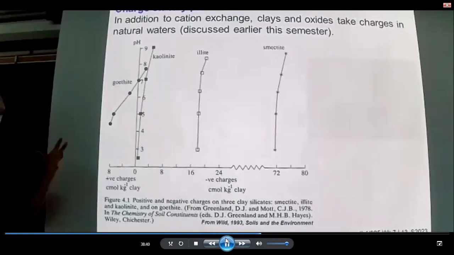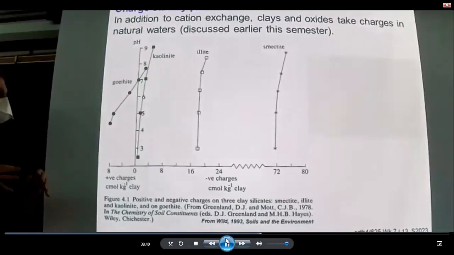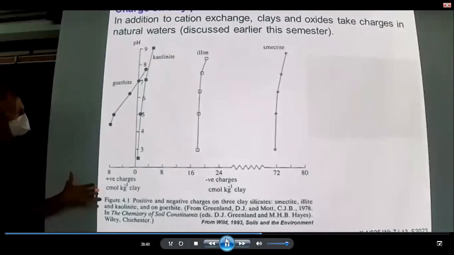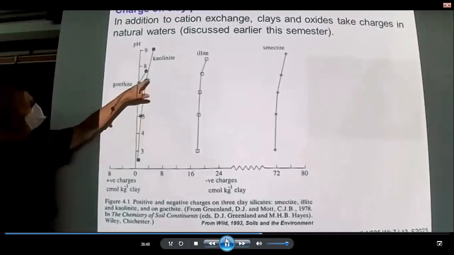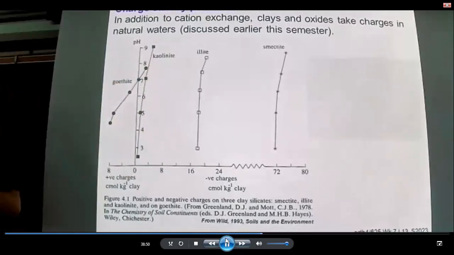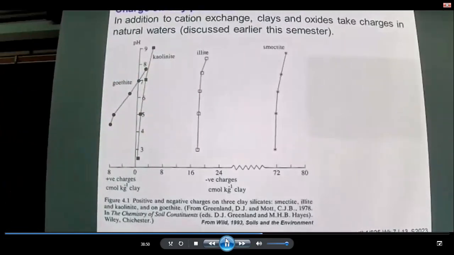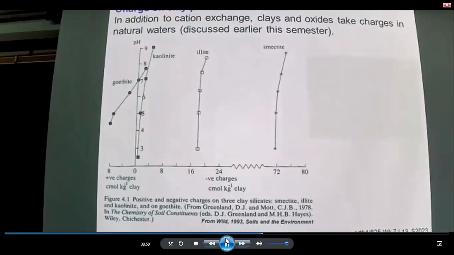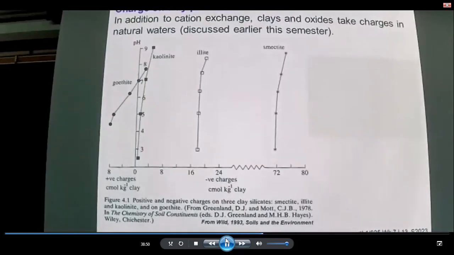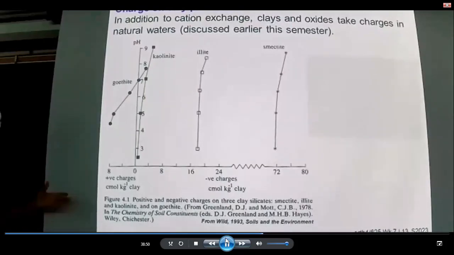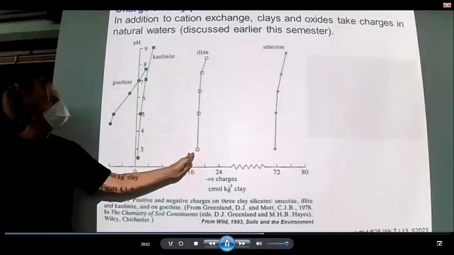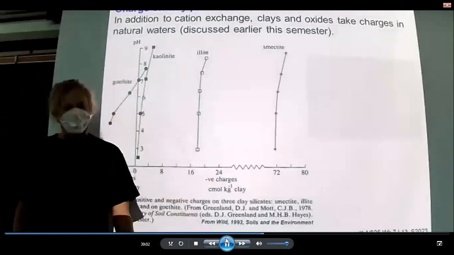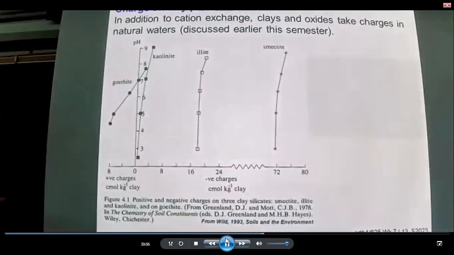Interestingly enough, as we raise the pH, we start to pull some of the hydrogen ions off the hydroxyls in the kaolinite structure and give it a little bit more negative charge, but it doesn't vary by very much as a function of pH. You can look at illite and smectite, and they show basically the same thing. pH doesn't really change the charge very much. The minerals themselves come with more charge because of greater amounts of substitution, because of less amounts of weathering in the formation.